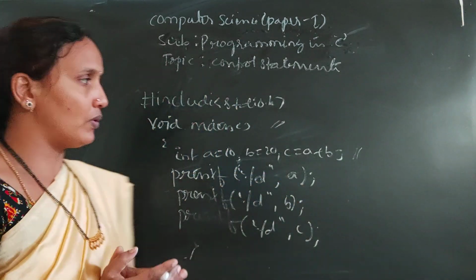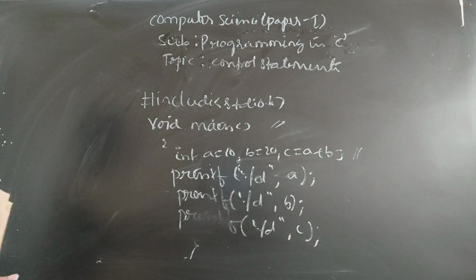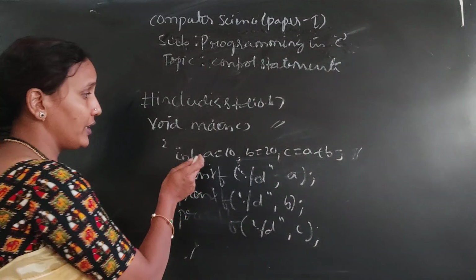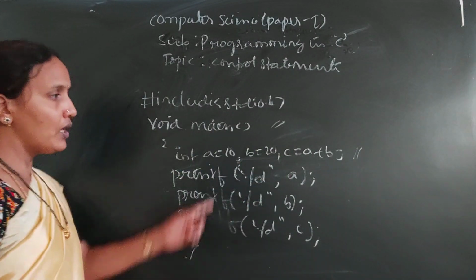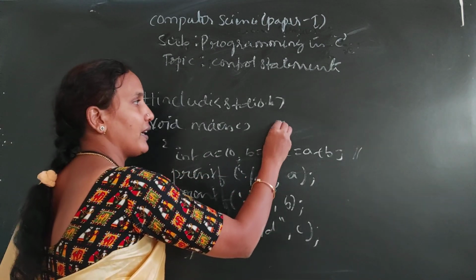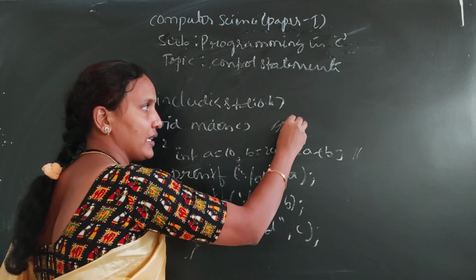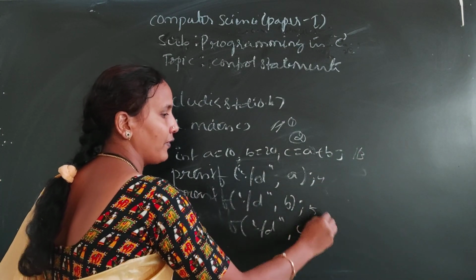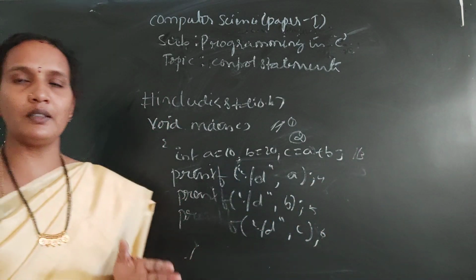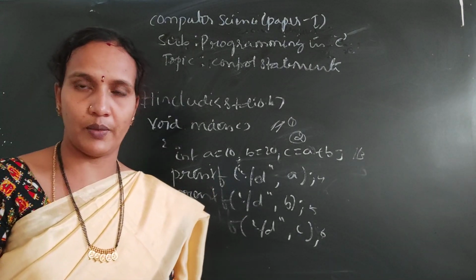This program can also be written by implementing a condition. Here a = 10, b = 20, c = a + b. Program execution starts from the first line, second, third, fourth, fifth, sixth. This is the sequence of program execution.